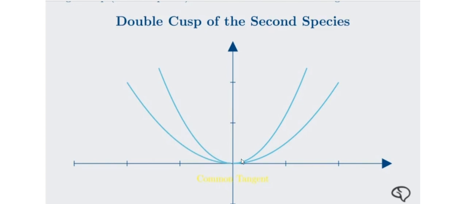In this figure, at this point also the function is not differentiable. So they are different types of cusp. It is a double cusp, but if you remove this part, it looks like a single cusp of the second species. And it is symmetrical about the normal. Okay, this is how we can understand the things.